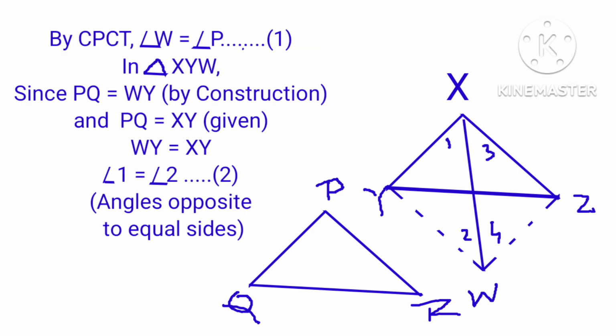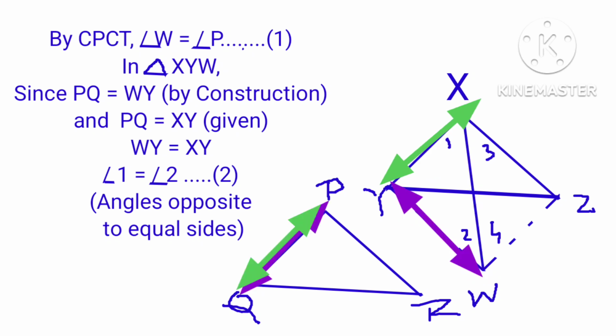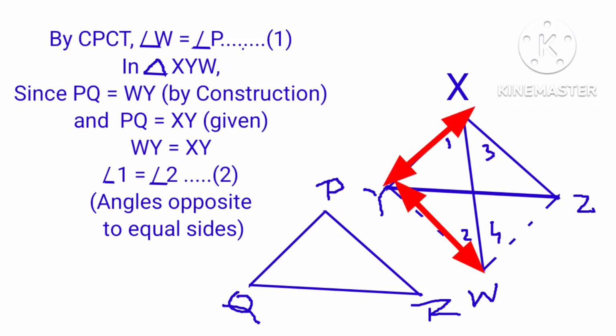By CPCT, angle W is equal to angle P, equation number 1. In triangle XYW, since PQ is equal to WY by construction and PQ is equal to XY given, WY is equal to XY. Angle 1 is equal to angle 2, equation number 2.